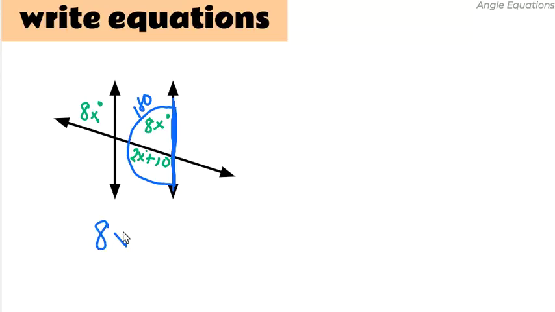So 8x plus 2x plus 10 should equal 180 degrees, right? Okay, it was a little bit more complicated there, but you've done this process of missing angles before. It's just that now instead of giving you numbers, there are variables involved. But the process is still the same.